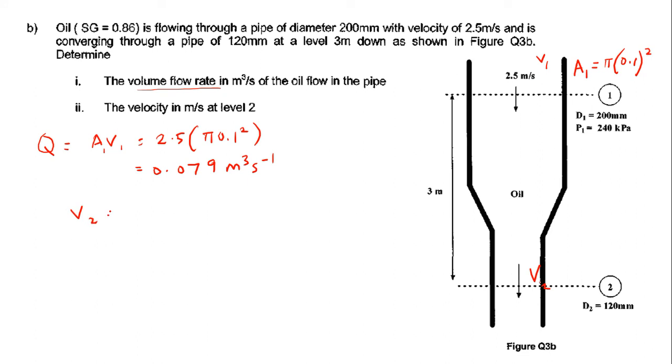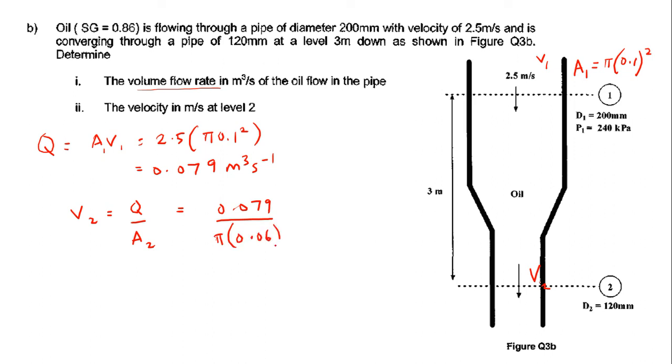V2 equals Q over A2. Okay, and this is 0.079 divided by pi times 0.06 square.